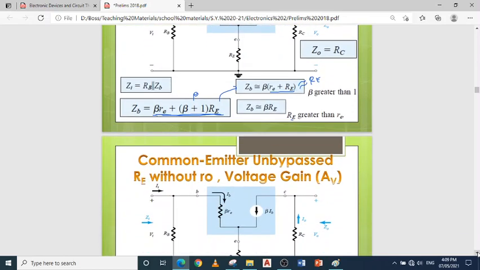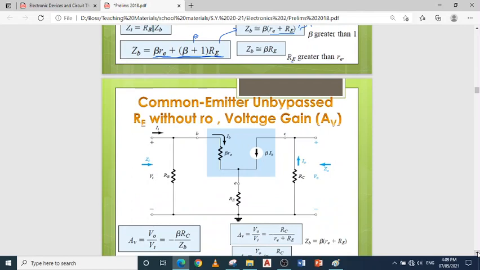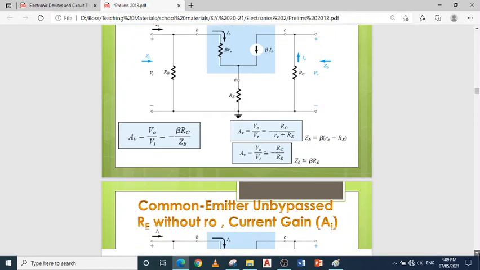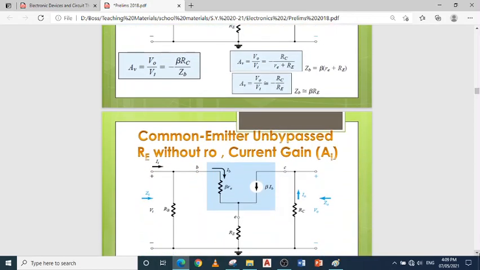And then, common emitter, same thing. AV is negative beta RC over ZB. Again, we already derived this earlier, so no need to explain again. Let's go to the example.